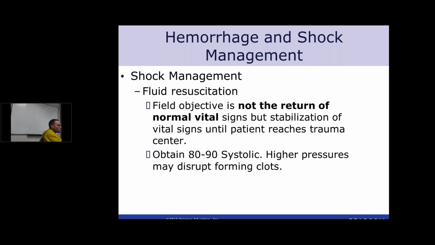You don't want to return them to normal vital signs. You just want them to have permissive hypotension, right? You want pressures just high enough that you're getting perfusion. You're getting mentation, your heart rate's controlled, and you don't want to disrupt what the body's already trying to do.